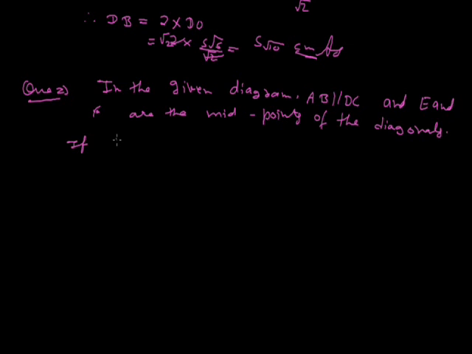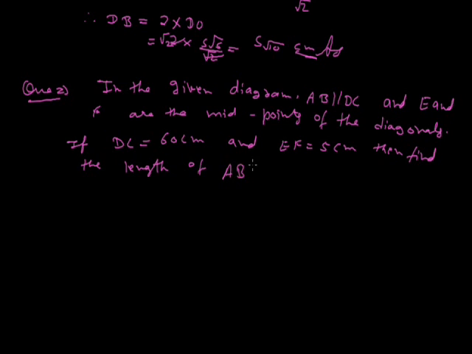If the value of DC is 60 centimeter and the value of EF is 5 centimeter, then find the length of AB. So in this question we are given a trapezium.